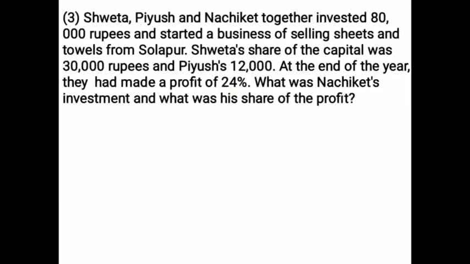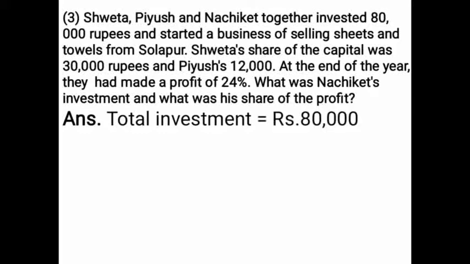Total investment is given rupees 80,000. Shweta, Piyush and Nachiket, all these three names which is given, they have together invested 80,000 rupees. Statement you have to write, total investment is equal to rupees 80,000.